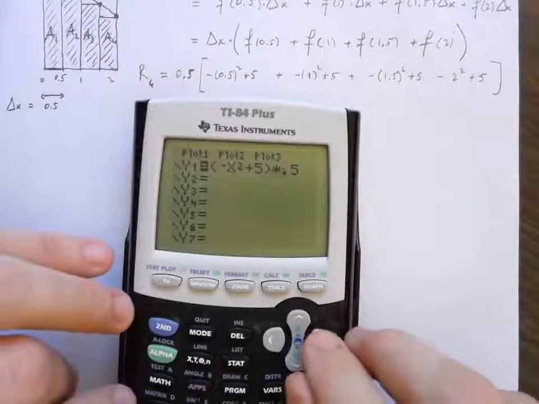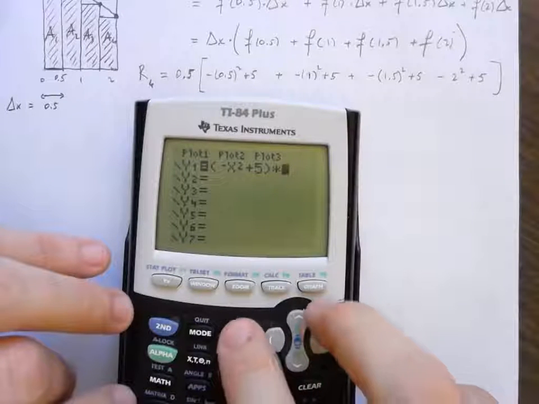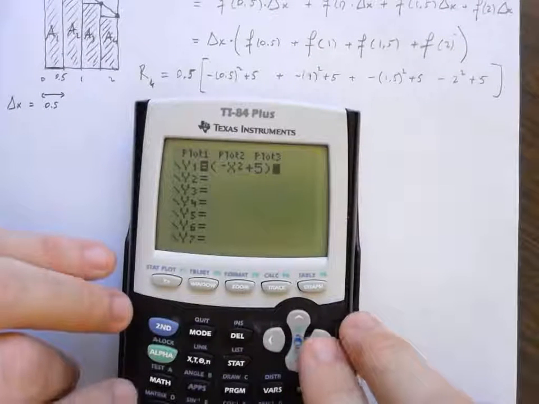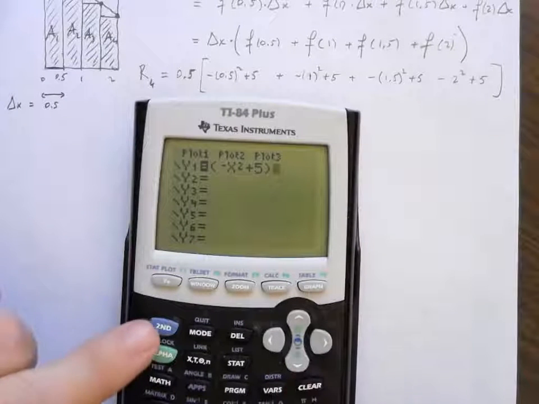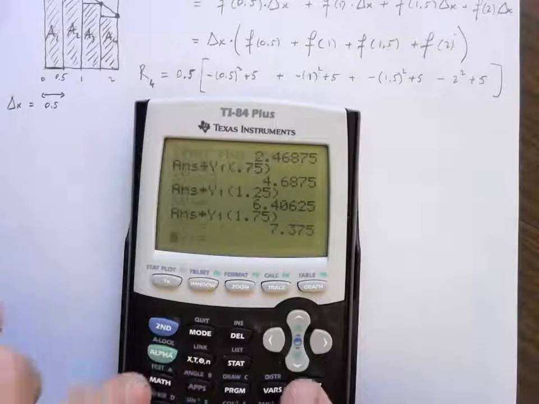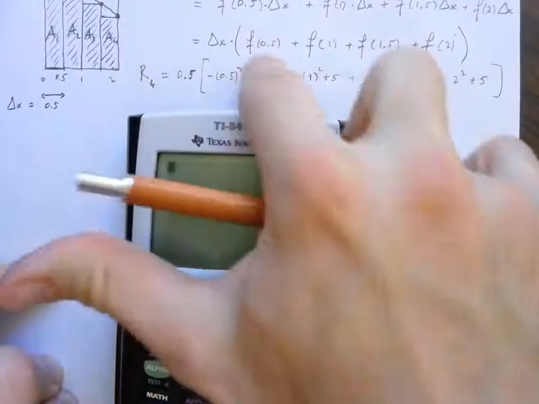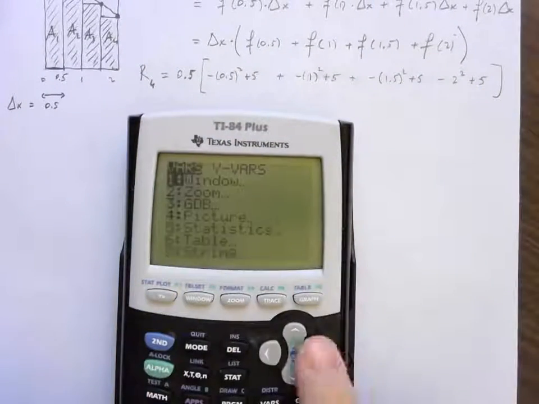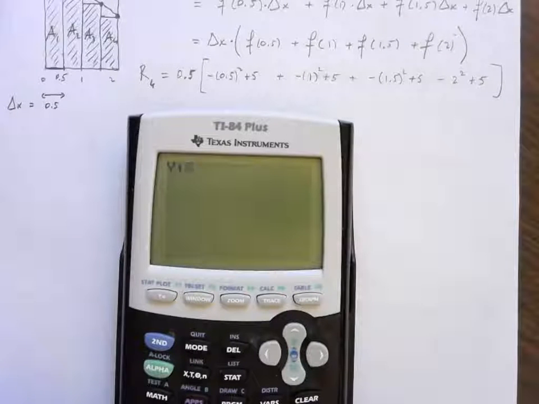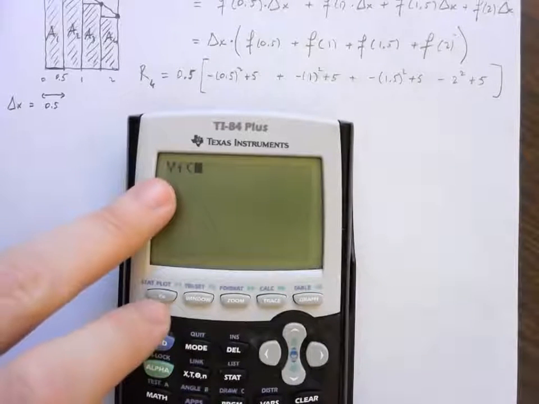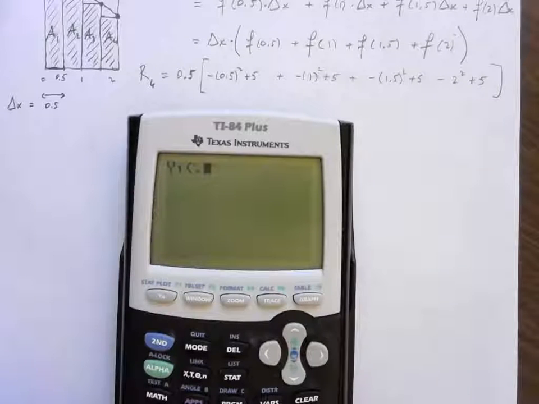the way I like to do this is I go to y equals, I enter my function, I exit this, then first I add all of these up, right? I go to vars, y vars, y sub 1, which is where the function was entered. I compute this at 0.5. I get 4.75.